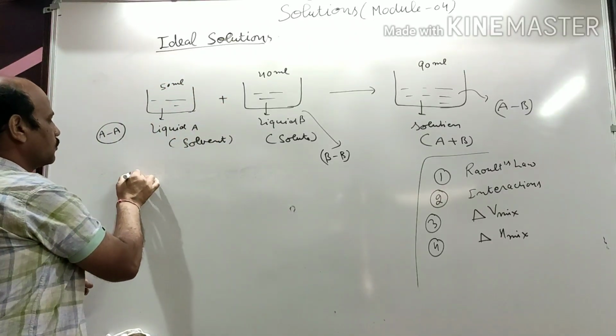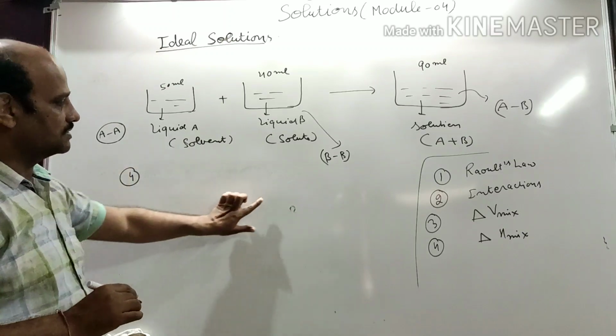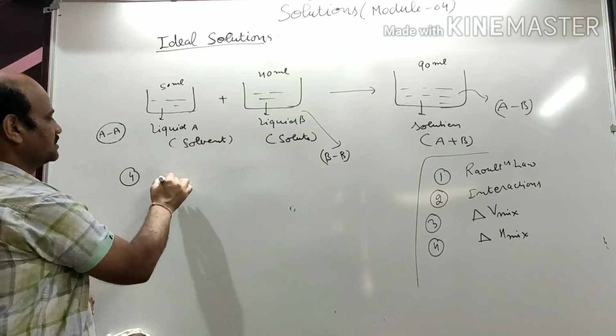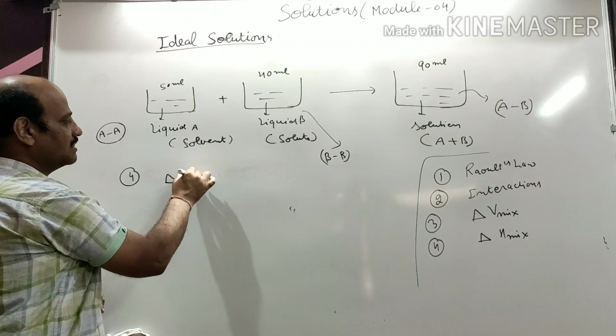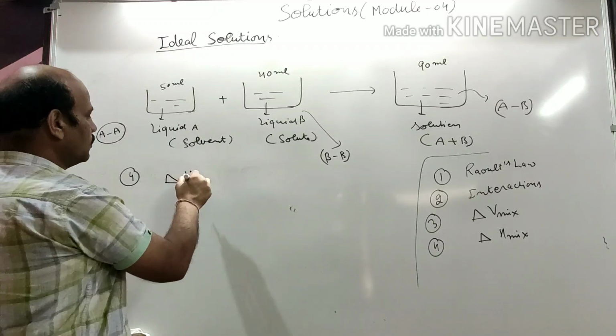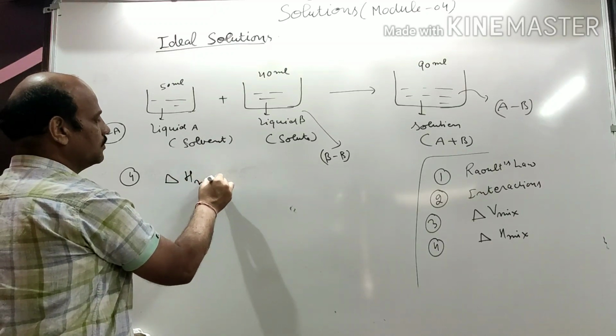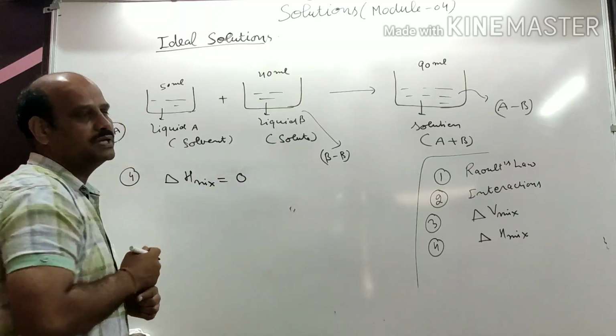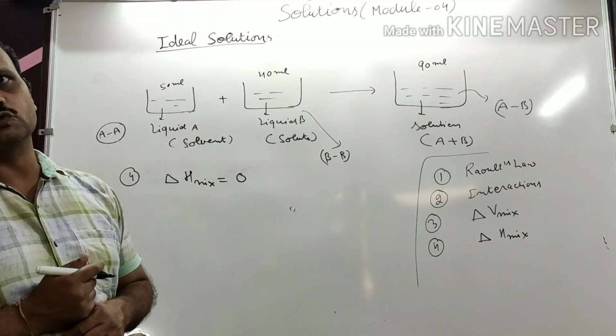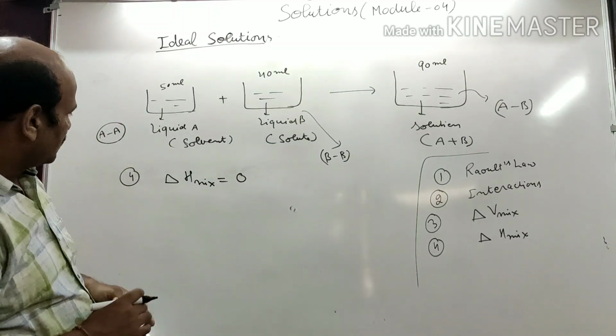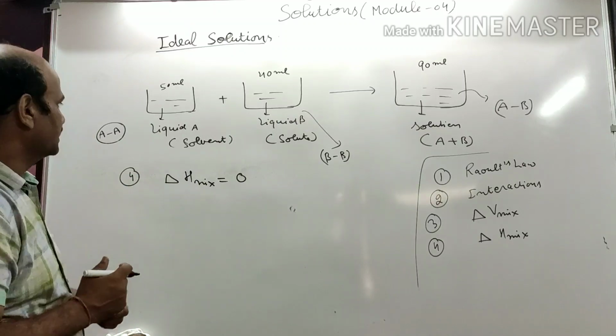Fourth condition, delta H, the enthalpy change on mixing, also should be zero. How can you consider it?